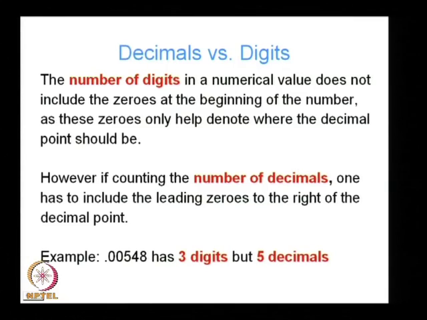For instance, the number 0.00548 has only 3 digits because we ignored the 2 zeros which occur at the beginning of the number. However, it has got 5 decimals since the number of decimals include the leading zeros to the right of the decimal point.